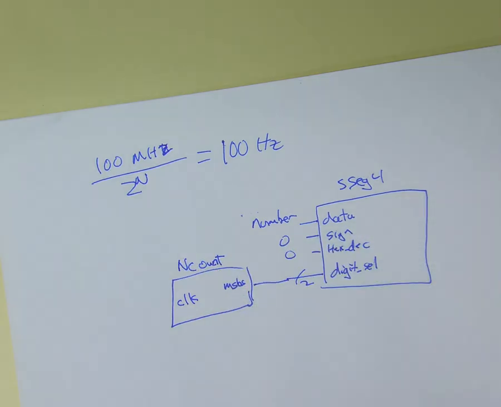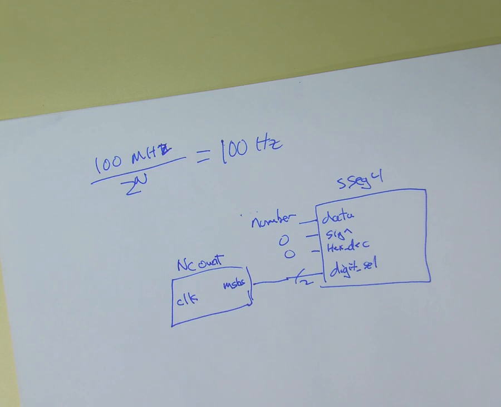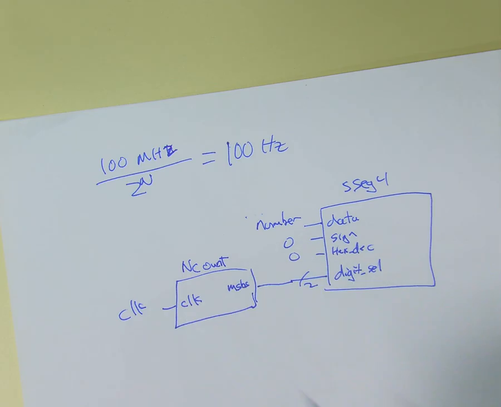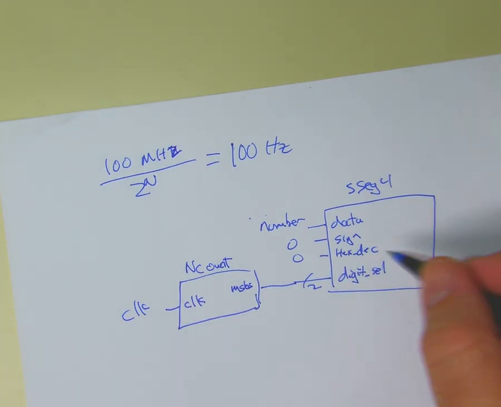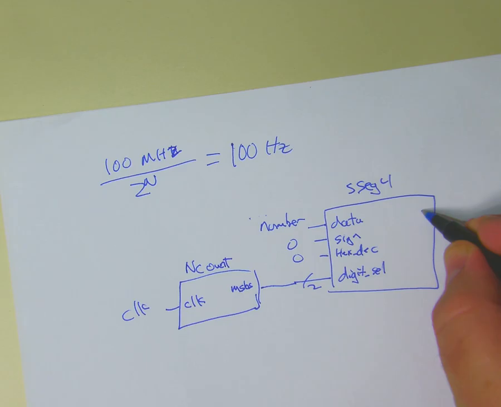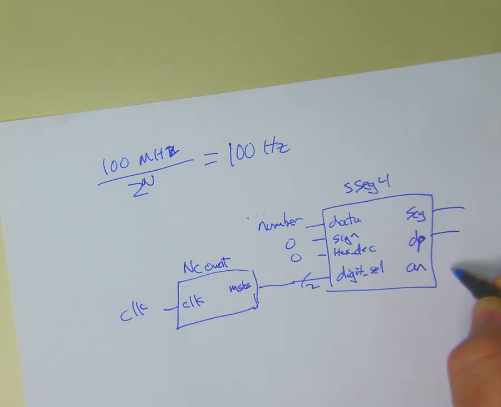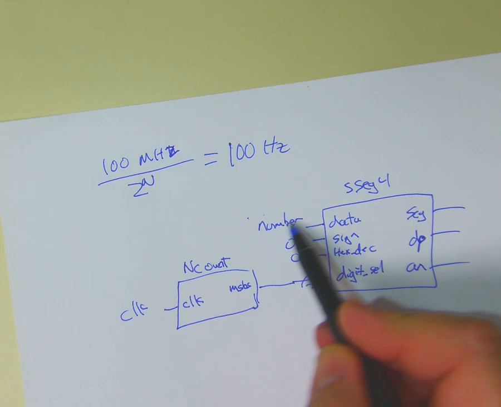Maybe I'll put n count, just to remind us it's an n-bit counter. And this is going to get clock. And this output will get seg, DP, and anode, and you will hook those to their named values. You are perfectly welcome hard coding a number here.